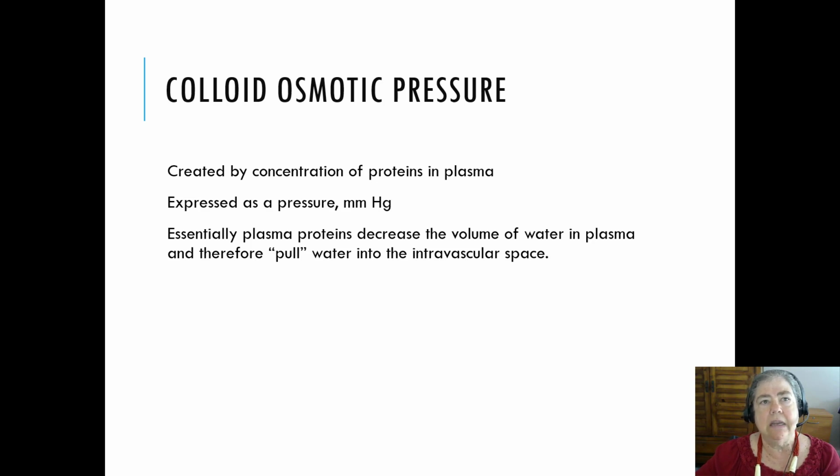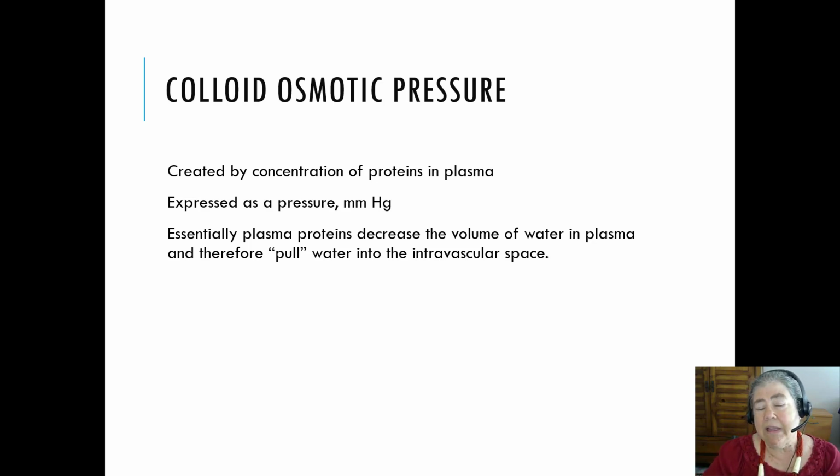You remember that I said that one of the pathologies that can result in edema is low plasma proteins. If we don't have proteins in the plasma, then fluid tends to stay in the interstitium. It doesn't get pulled back in, and that creates edema.